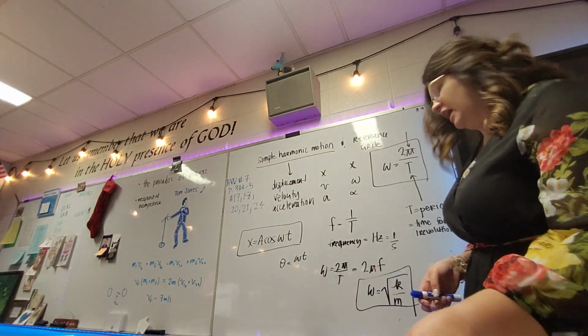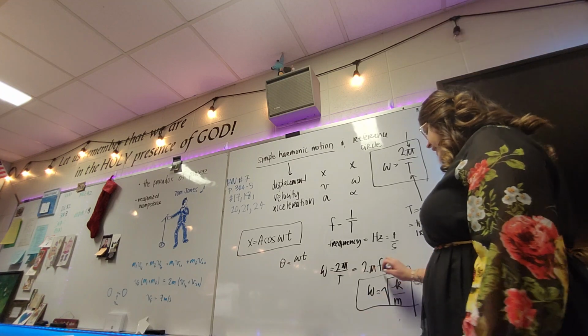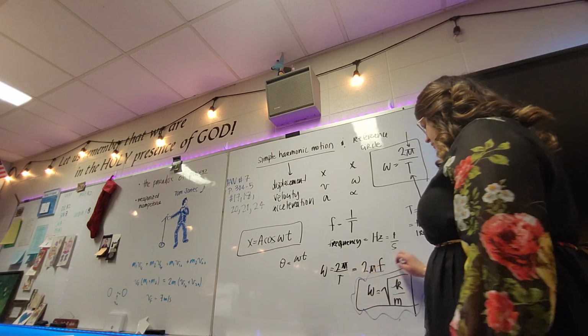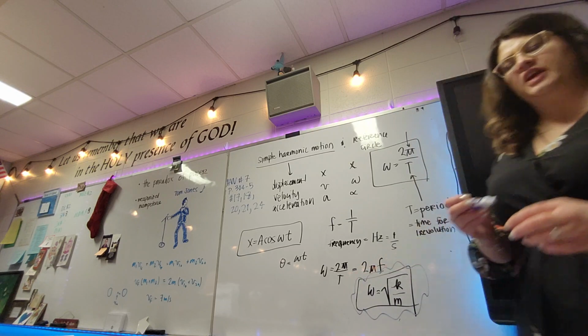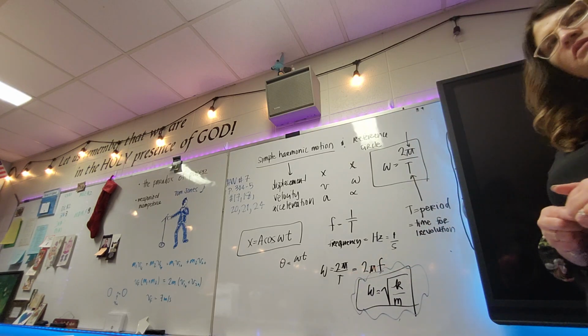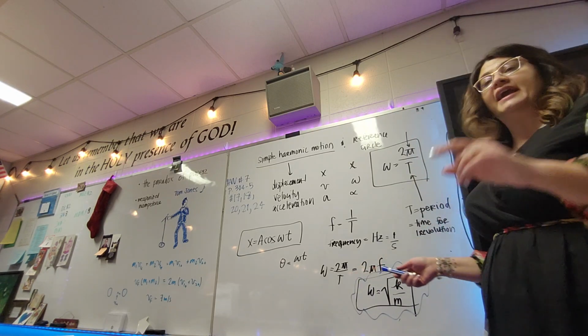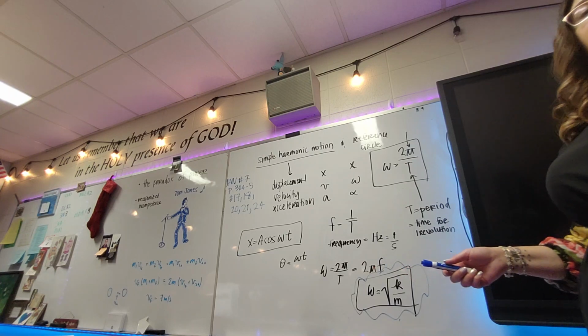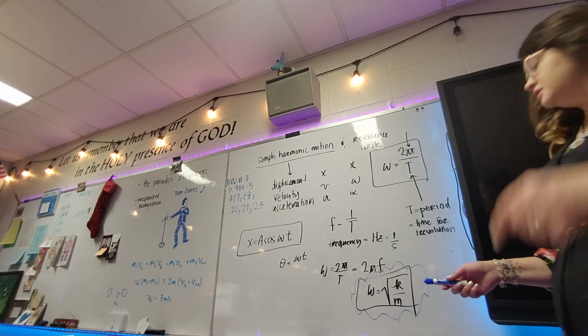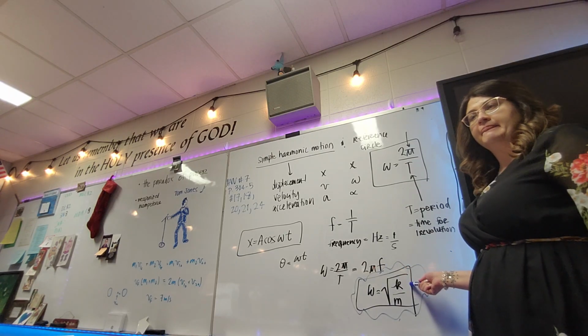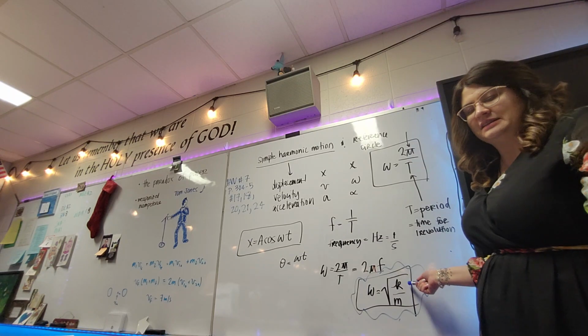I'm not sure if this is on your AP formula sheet. Does anybody have their AP formula sheet out really quickly? See if this is on there. For some reason, I have a feeling that this is not.